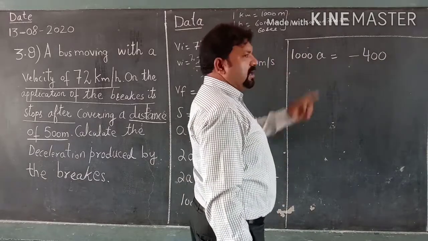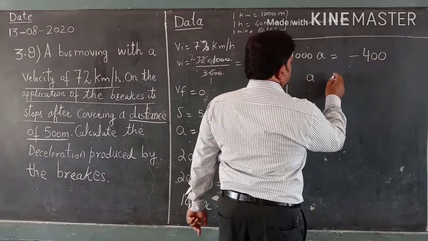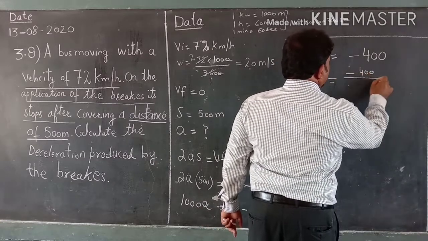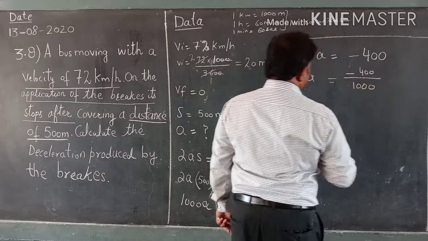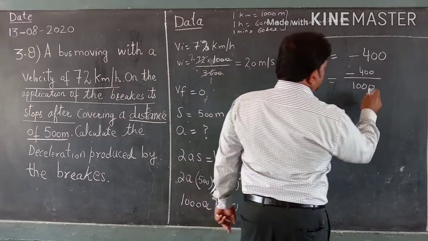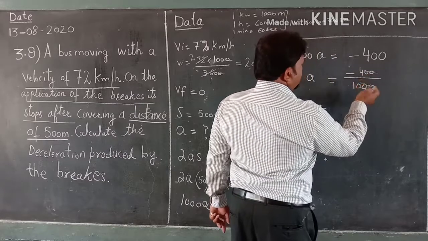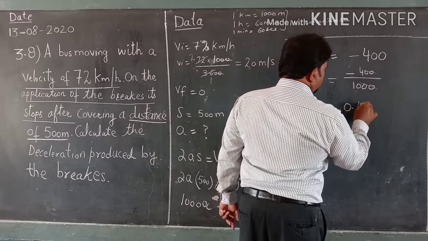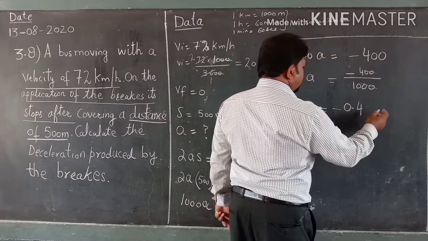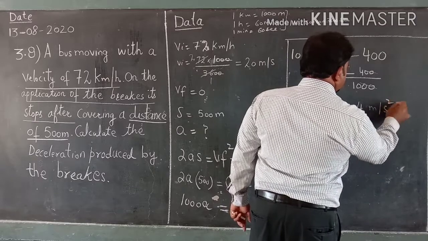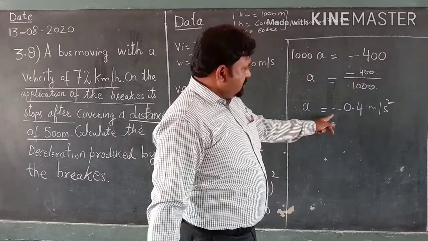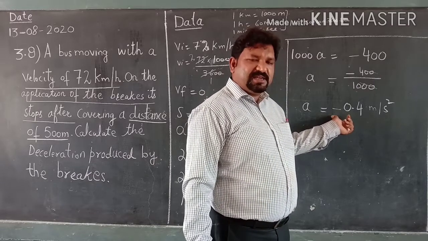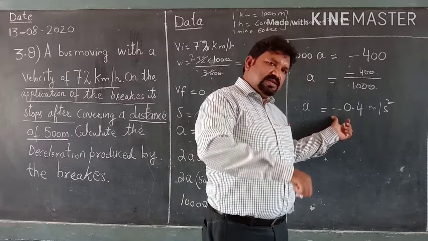So 1000 is multiplied with A, so we will divide 400 by 1000. A is equal to, when we divide 4 by 10, the answer will be 0.4. The unit of the acceleration is meter per second per second. So class, the negative sign means this is the deceleration because the velocity is decreasing.